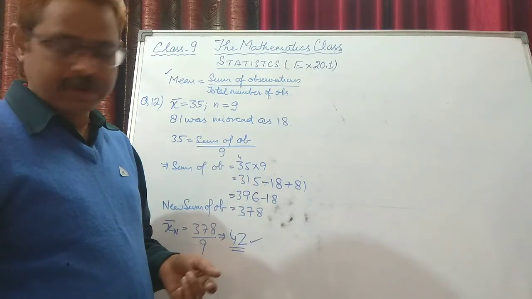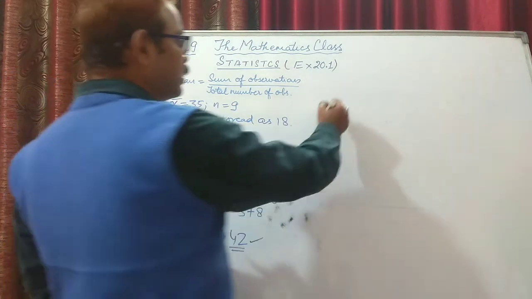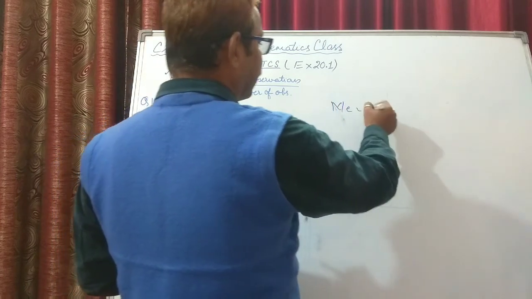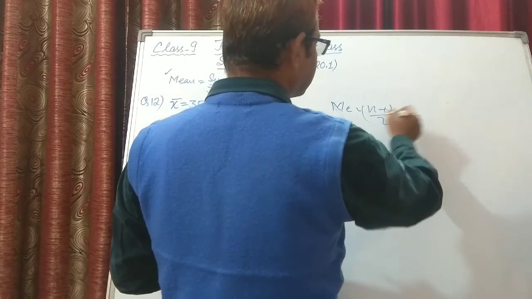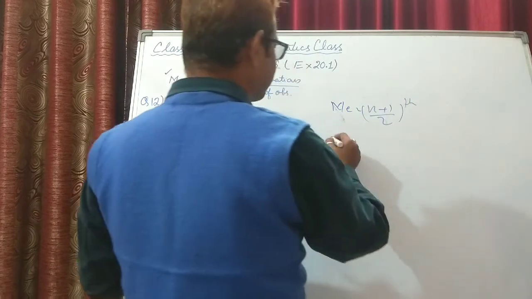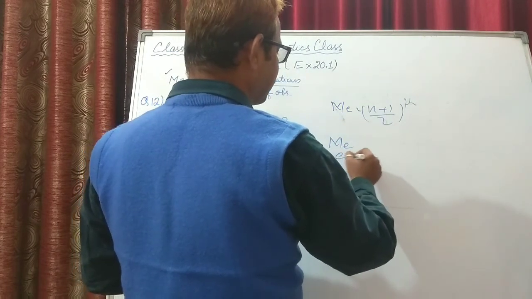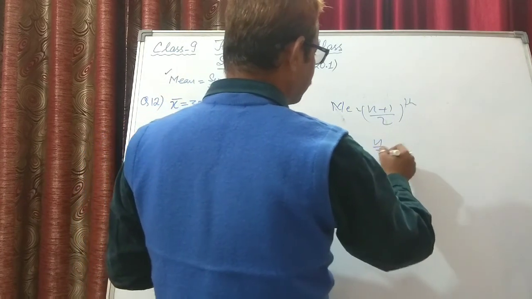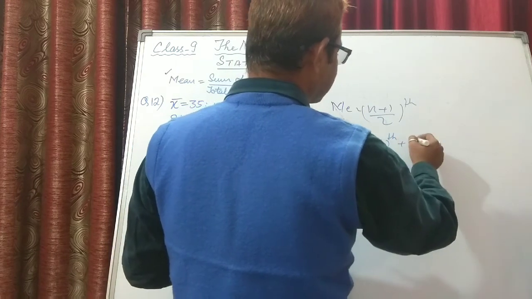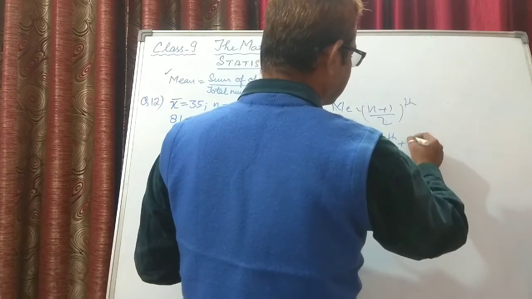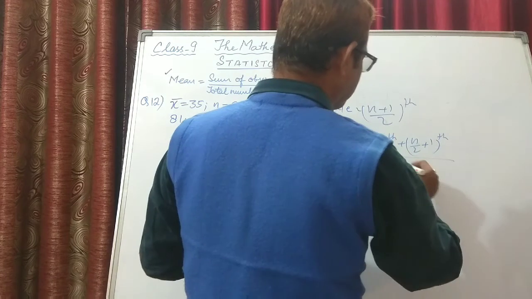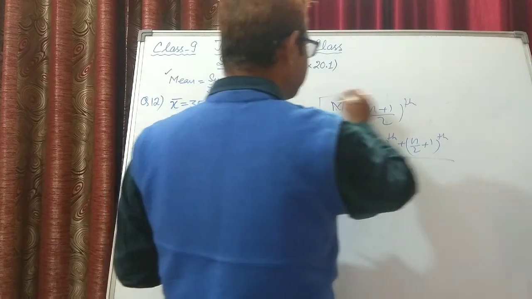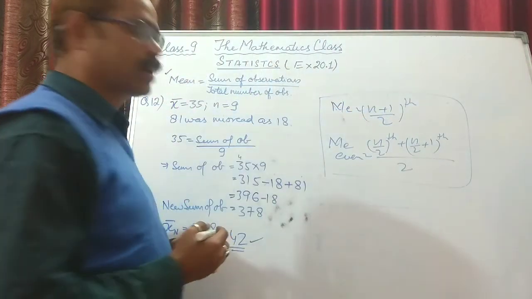If the number of terms is odd, then the median is the (n plus 1) upon 2th term. When the number of terms is even, then it is the n upon 2th term plus the (n upon 2 plus 1)th term, upon 2. So this will be taken up again in the next class.